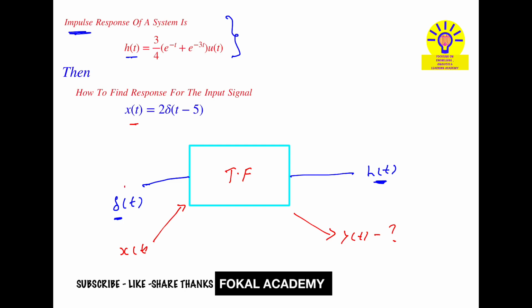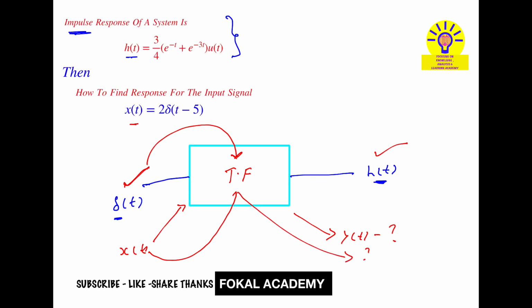Here the input is already there, and for this corresponding input the corresponding output is there. So from this we can easily find the transfer function. Now if you give this input to the transfer function, we can easily find y of t.